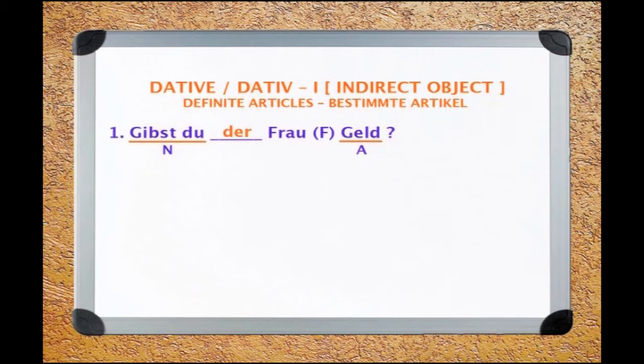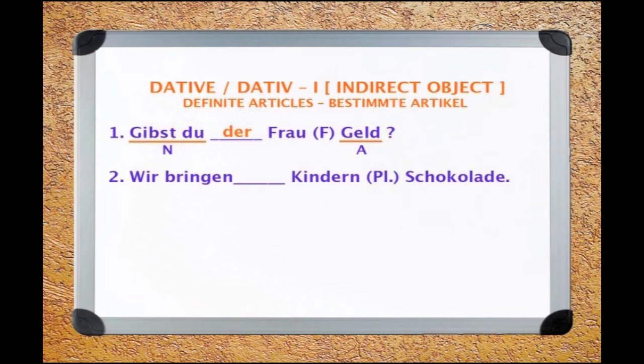Now, please look at sentence number 2. Wir bringen Kindern Schokolade. Here we have the pronoun wir, which is the nominative. We have the verb bringen, which means to bring, and it is at the second position. And if you see the sentence, you can see that we have to first formulate the question, who brings?